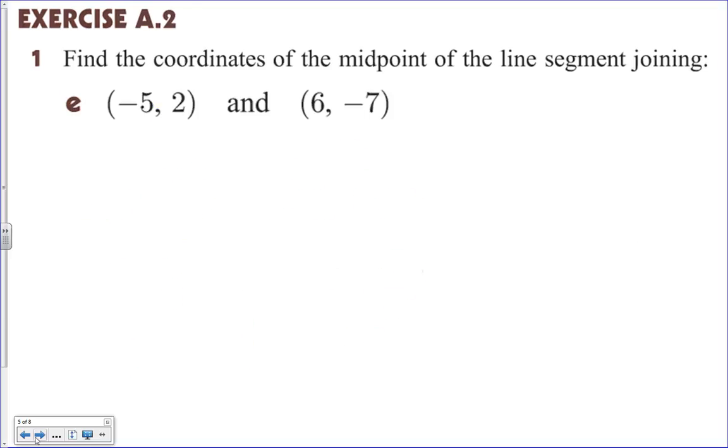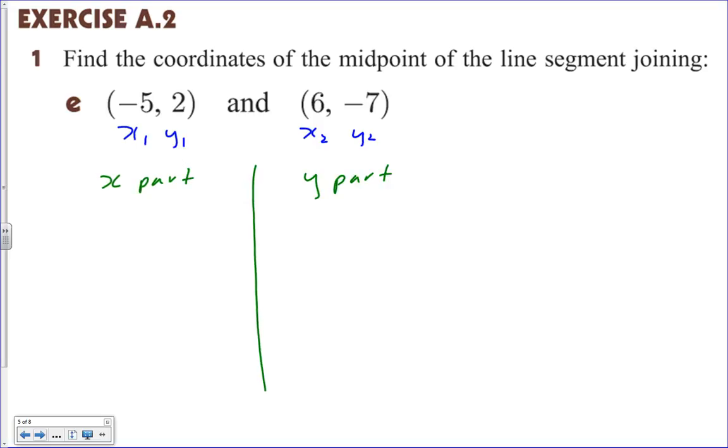Next one, x1, y1, x2, y2. Again, x part, y part. So x mid is going to be x1 plus x2 over 2. Y mid is going to be y1 plus y2 over 2.